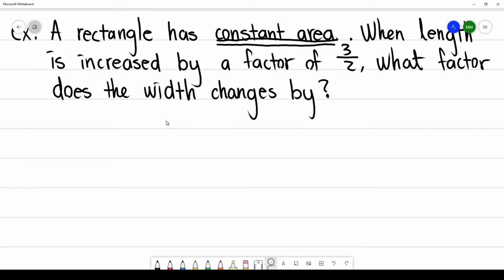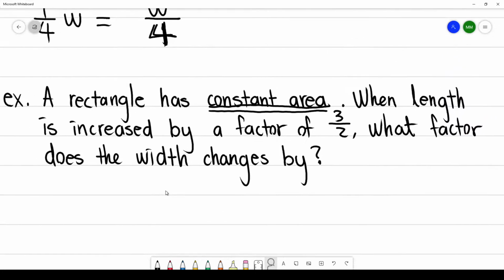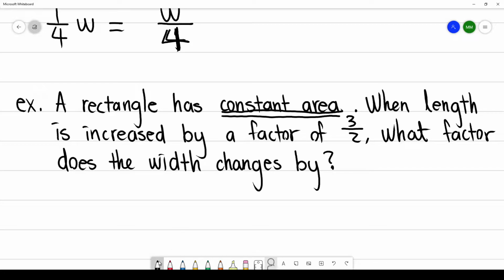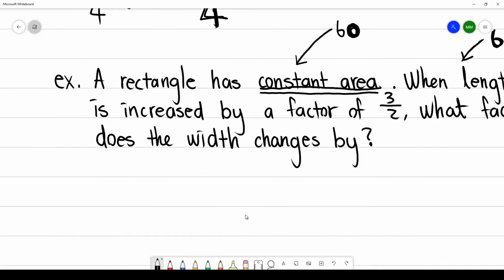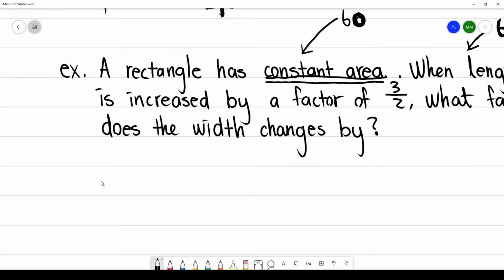So I will go by what I talked about. I didn't give you any value, so try out different values, okay? I'm going to say that the rectangle has an area of 60, and that is not going to change. And I'm going to say that the original length is going to be 6.